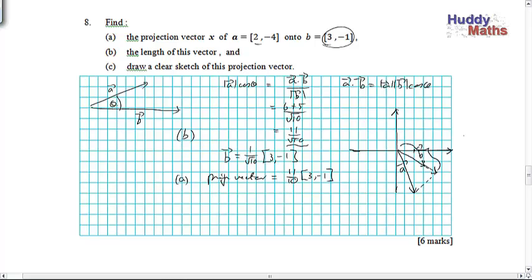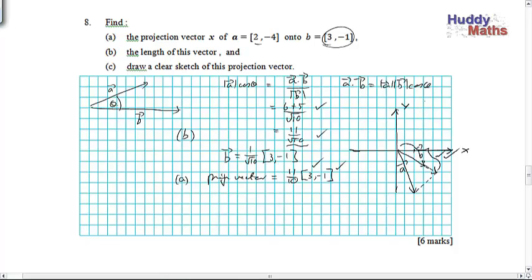So 6 marks, a lot of work for that. So we'll give 2 for the length, 2 for the projection vector, and 2 for a good position here on the plane, and you should have them labelled.